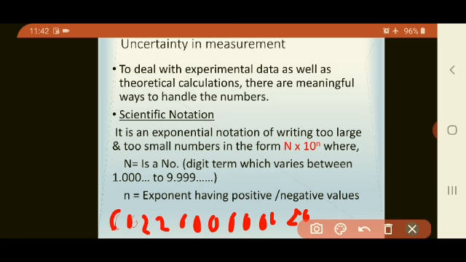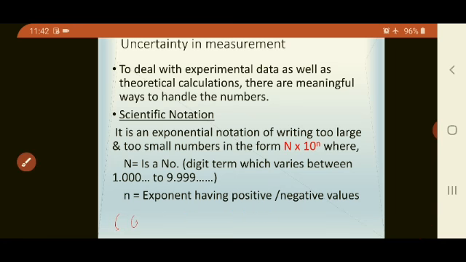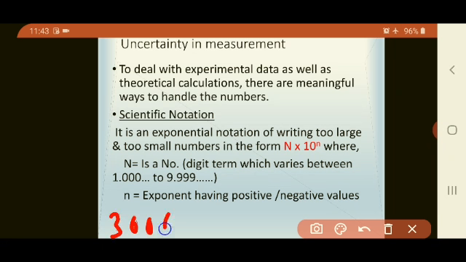Then all of you have studied the velocity of light, right? What is the value? It's 3, then how many zeros? 8 zeros: 1, 2, 3, 4, 5, 6, 7, 8 zeros.